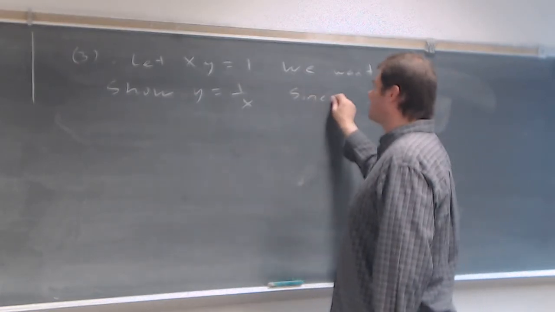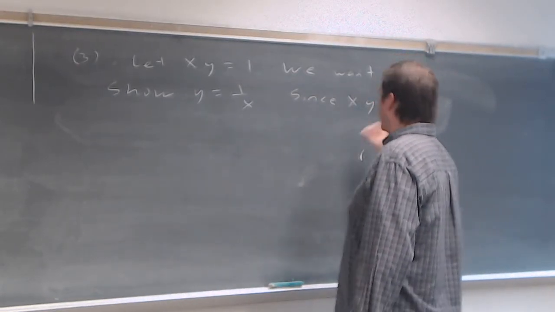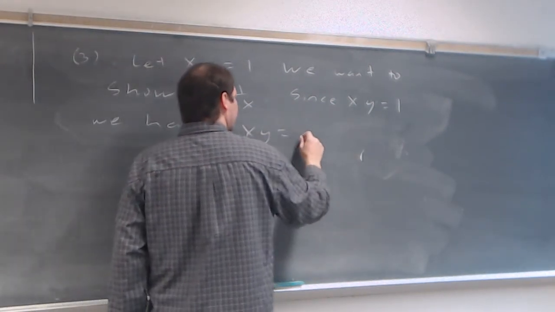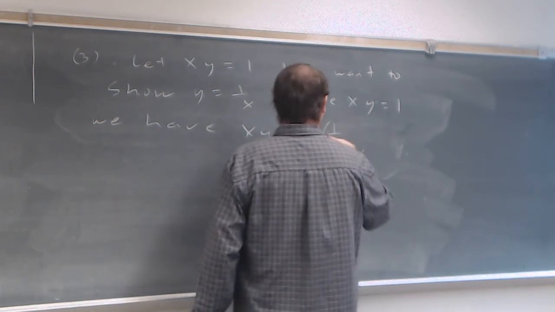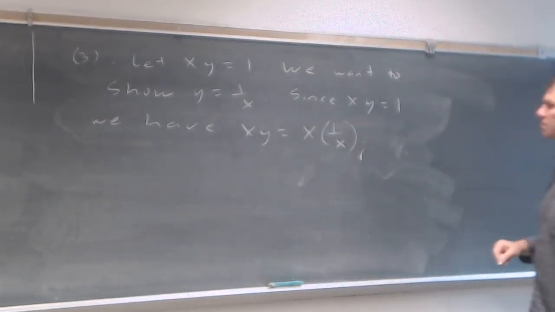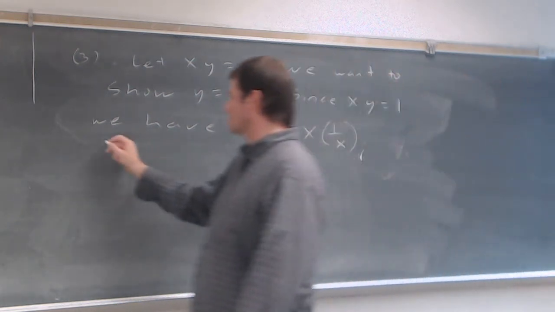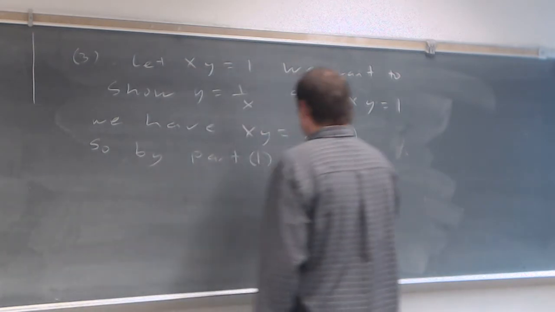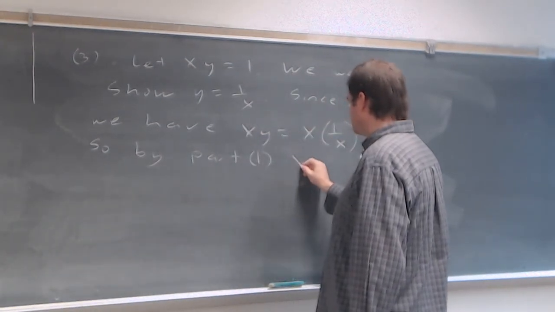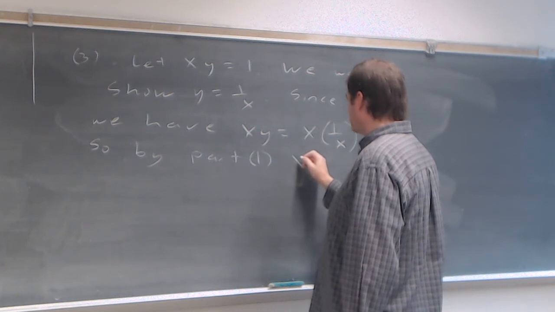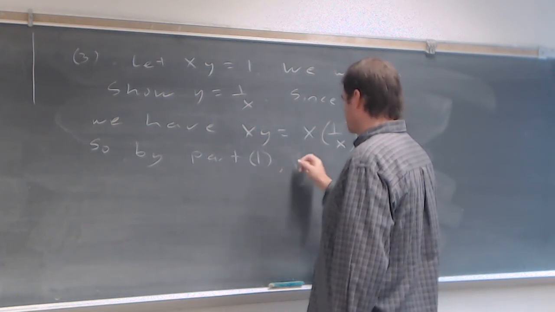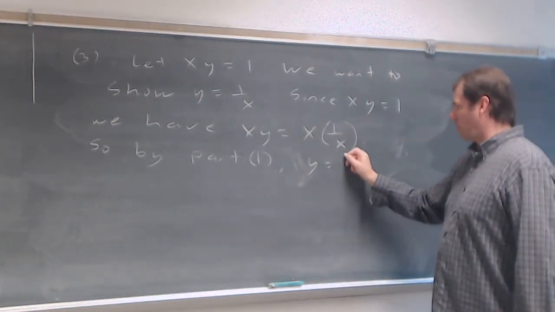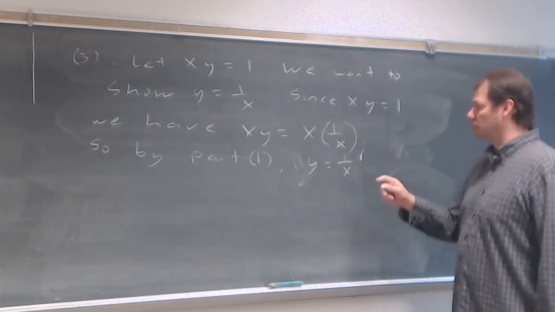So since x times y equals to 1, we have x times y equals to x times 1 over x. So by part 1, y has to be equal to this again. x times y is equal to x times z. So that means that y has to be equal to 1 over x. And that's what we wanted to show.